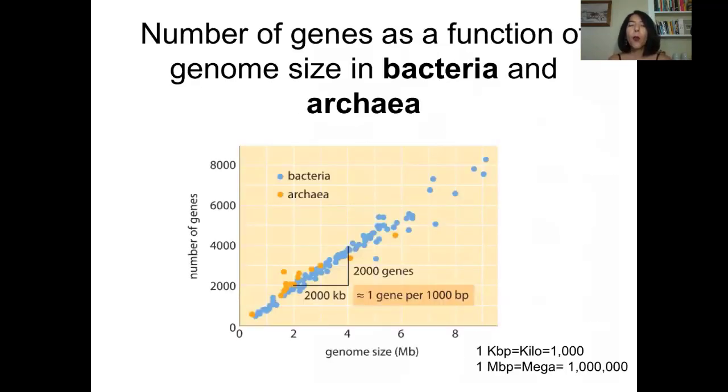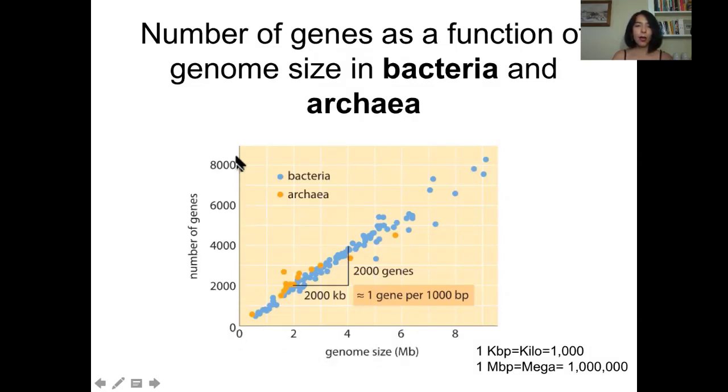Now let's see, does it matter how many base pairs, the size of your genome, and the number of genes that you have there? This graph right here explains that. If you look at the x-axis, you can see the genome size.